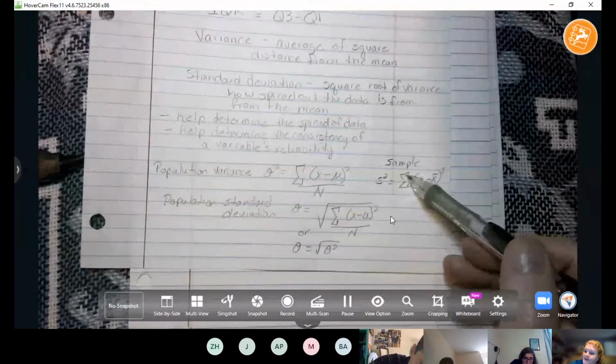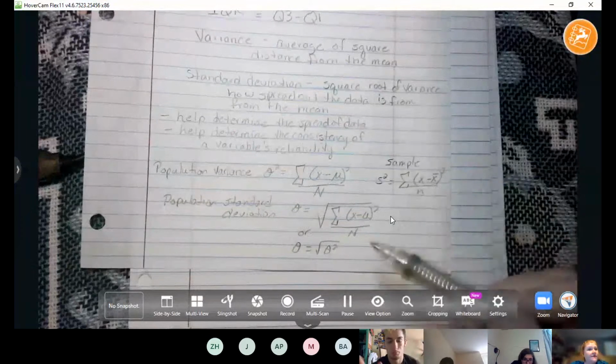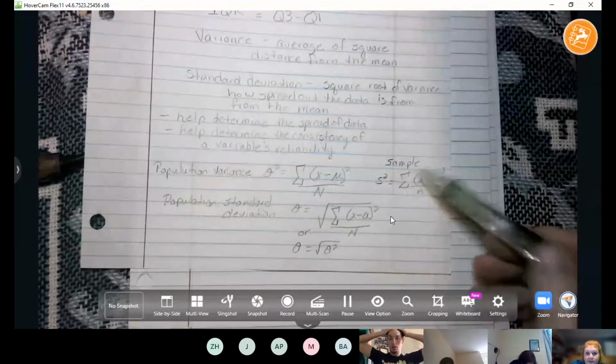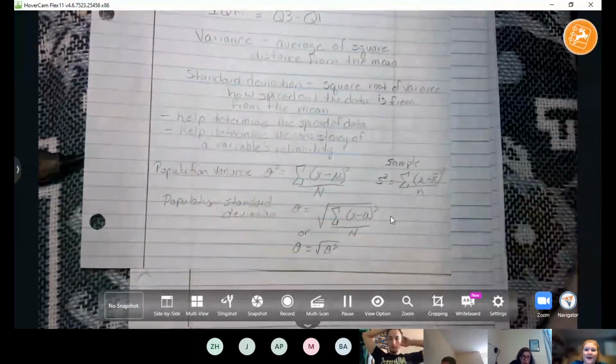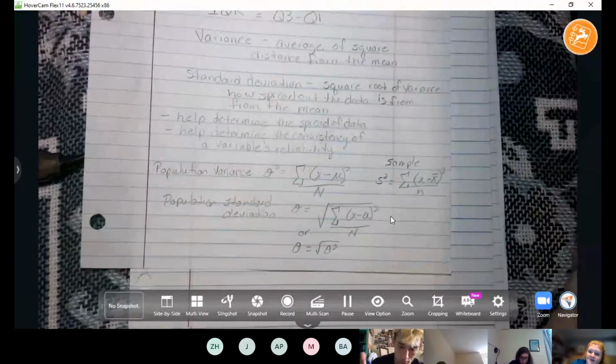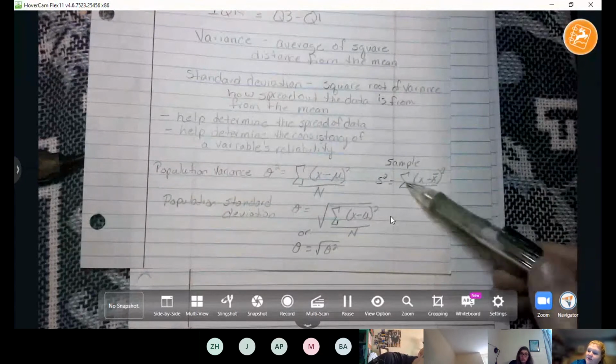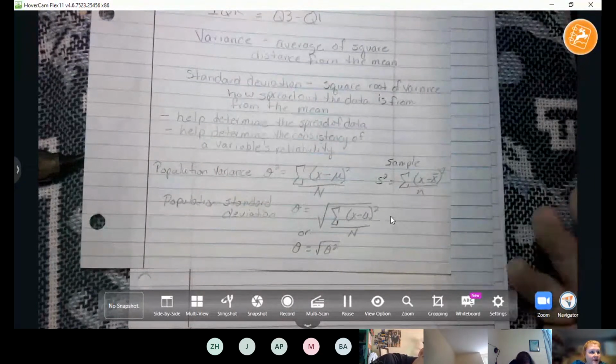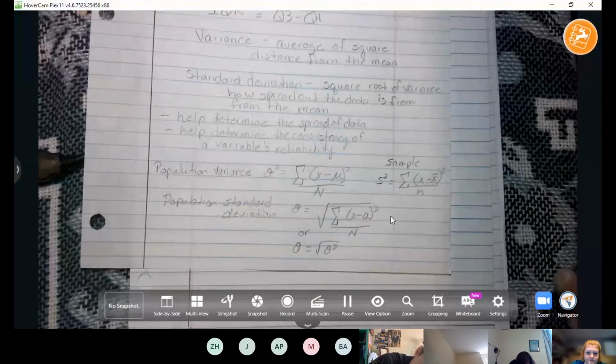This little symbol, the sigma, makes everything look hard. But anytime you see that little sigma symbol, it just means you're adding up a bunch of stuff. A lot of people think that makes it look complicated, but all that's telling you to do is add up a series of values.